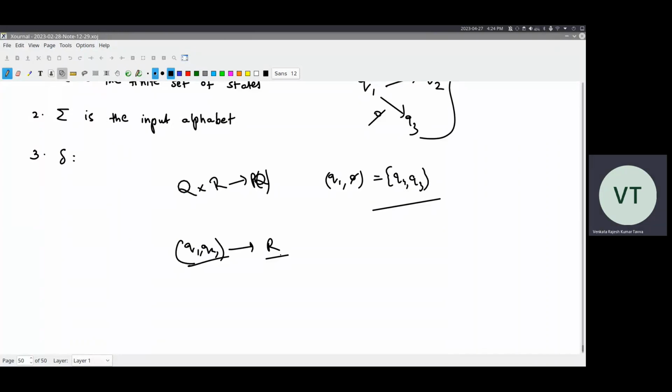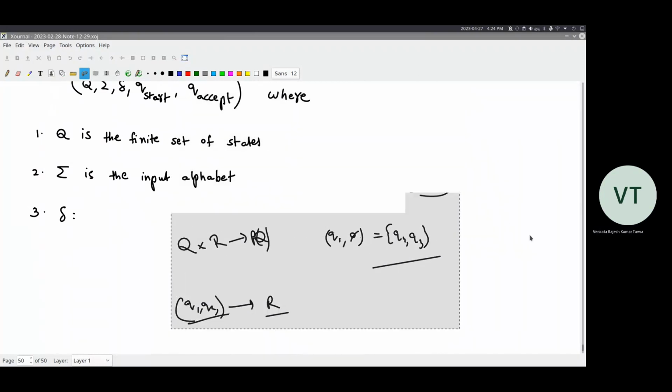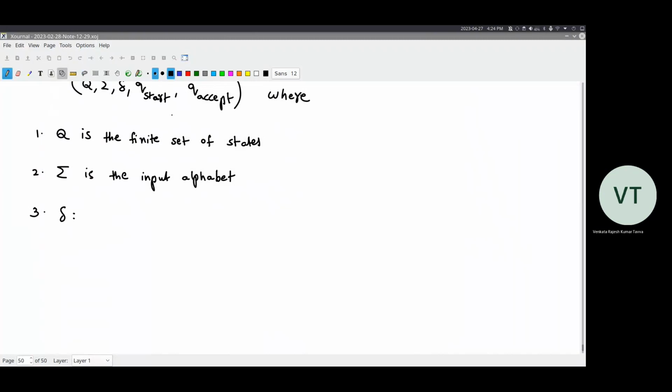Okay, so this is again a function. Now tell me what is the domain and range. Q cross Q is the domain, and maybe the set of regular expressions is the range. Yes, this is different from the previous, like DFA or NFA.